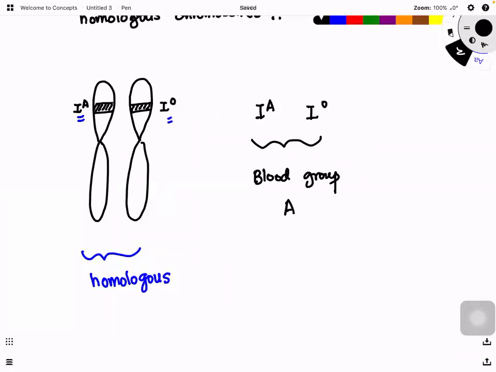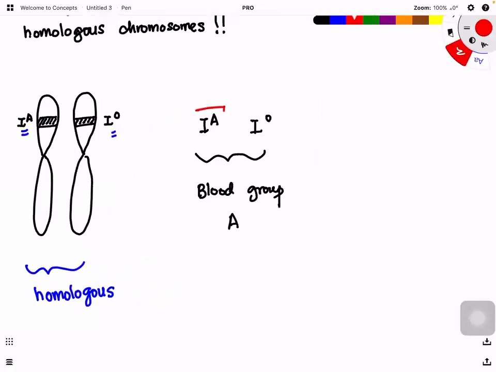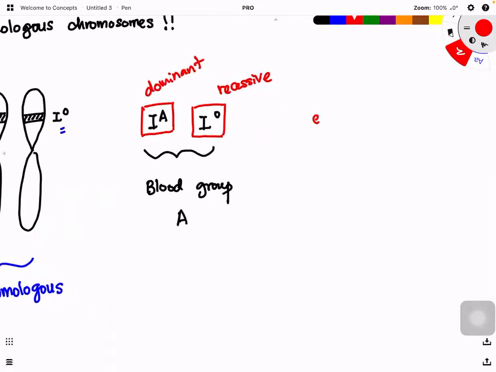So why blood group A? Because IA is a dominant allele. We learned this before, right? IA is a dominant allele, IO is the recessive allele. For a dominant allele to be expressed, you only need one copy to get the effect from the dominant allele.